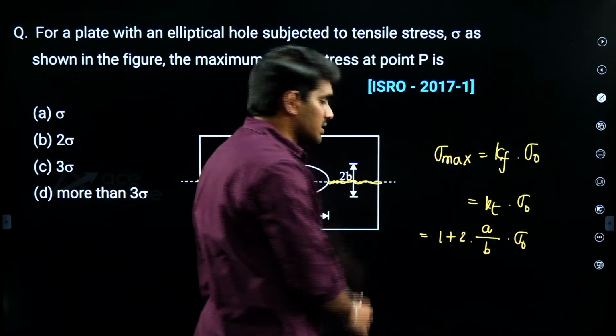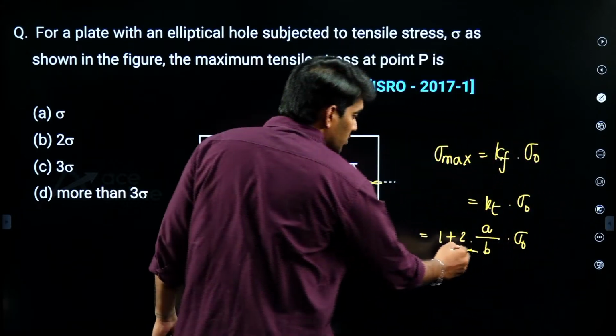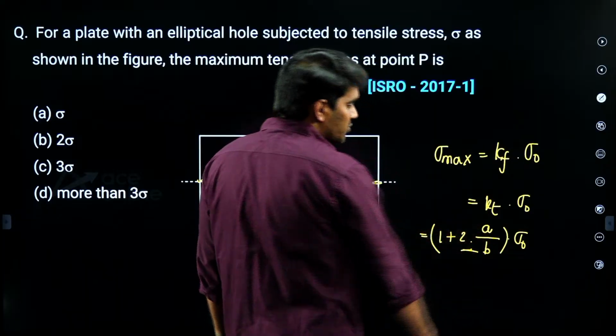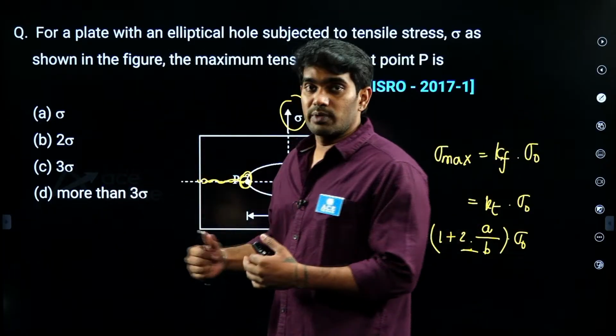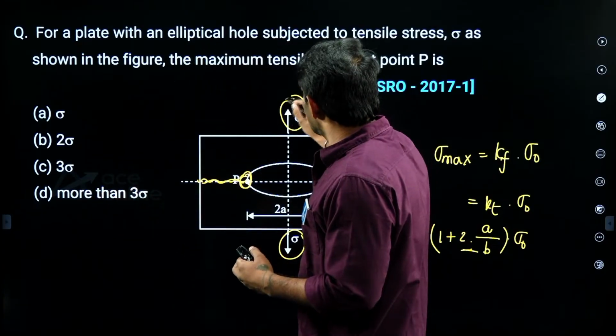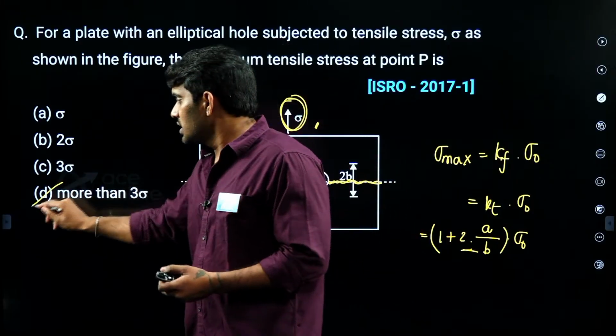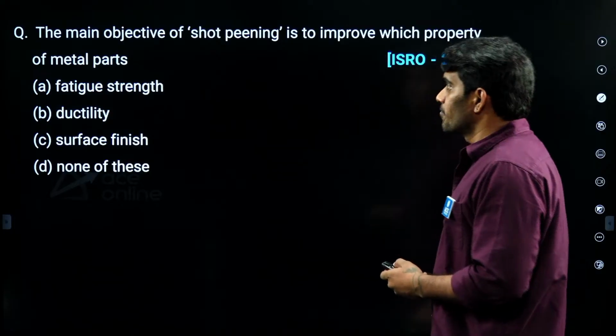If A is greater than B, the second term is greater than 2, which means 1 plus a value greater than 2. So even if I consider this value, the stress has to be more than 3 times sigma. The answer is T.